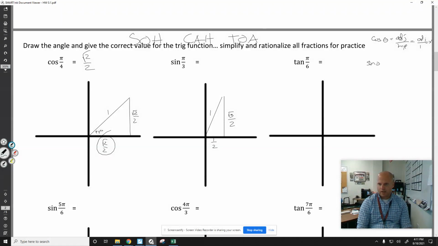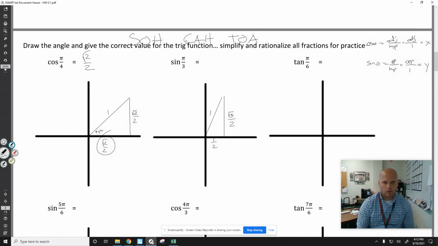Well, sine of an angle is opposite over hypotenuse. Since the hypotenuse in the unit circle is always 1, sine is just the opposite. Well, since we're always talking about a reference angle with the x-axis, the opposite is always the y distance, the vertical distance. Let me write this down a little better. Cosine is adjacent over hypotenuse, which is just the adjacent over 1, which is just x distance.